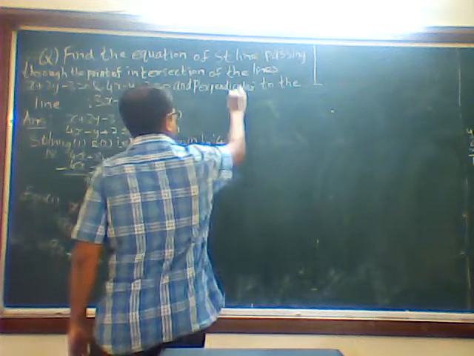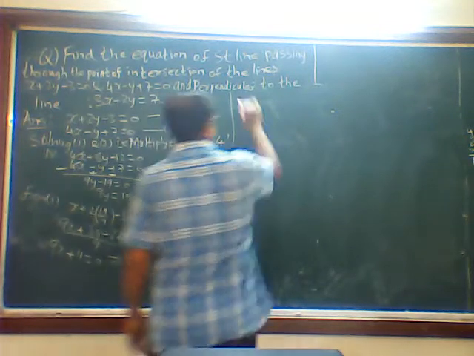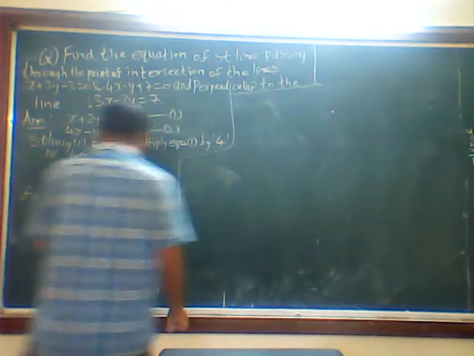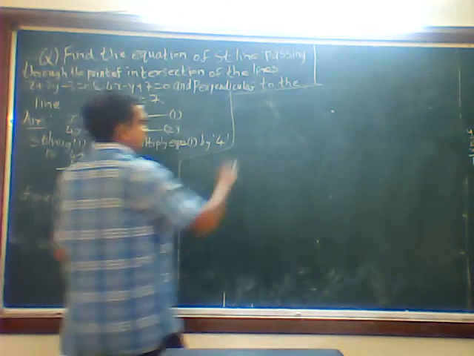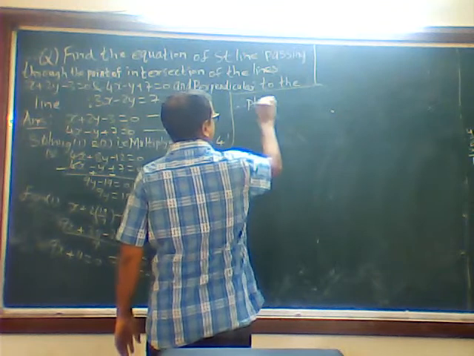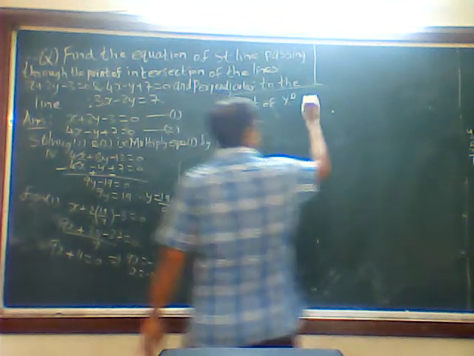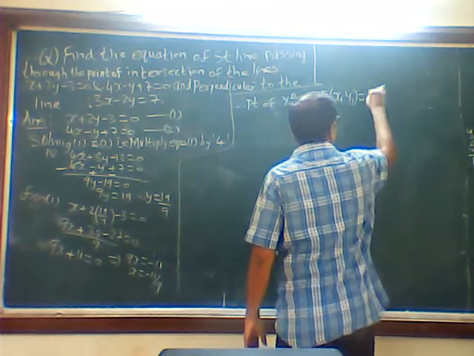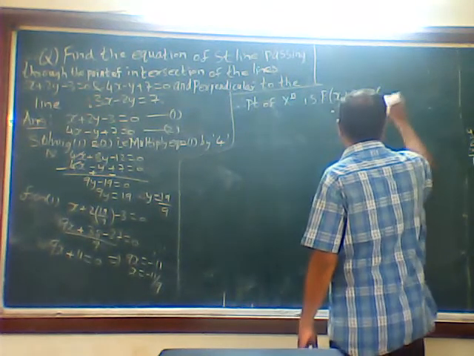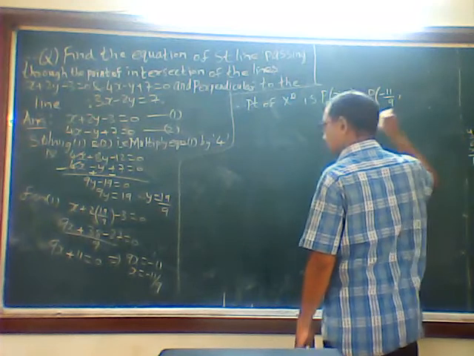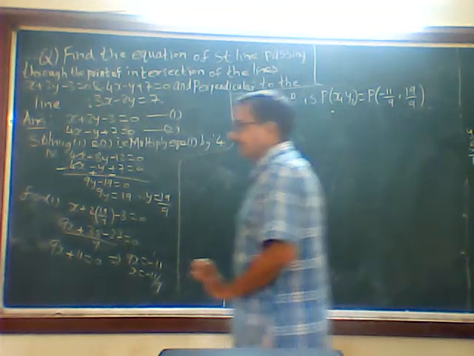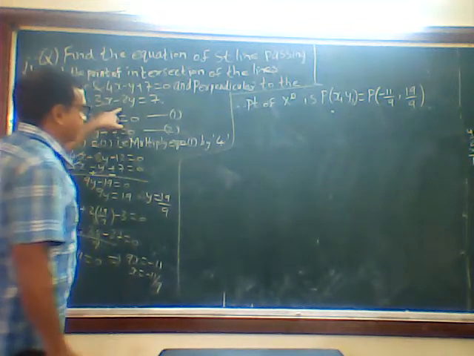Then I will name this point of intersection as P. Therefore, the point of intersection P of x1 comma y1 is P of minus 11 by 9 comma 19 by 9. Next, the slope of the line.